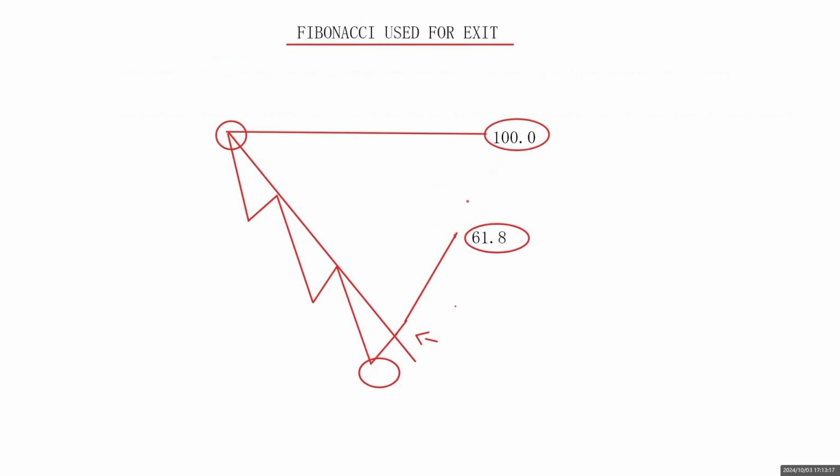Instead, at 61.8 you can take out profit, then ride the remaining move to 100.0. And if prices do not get to 100.0, that is okay. Price will come back and hit your trade out, but you've already closed maximum profit at 61.8. For most opportunities, just take profit at 61.8.